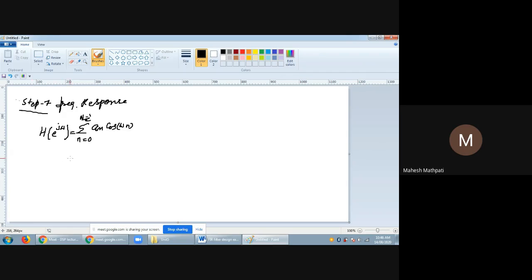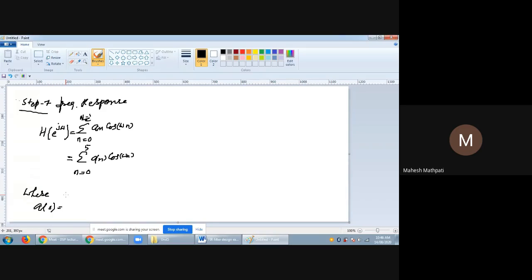Now this can be written as summation n equals 0 to, what value comes here? 5, of a n, that is a of n cos omega n, where we know the value of a of 0. What is that?